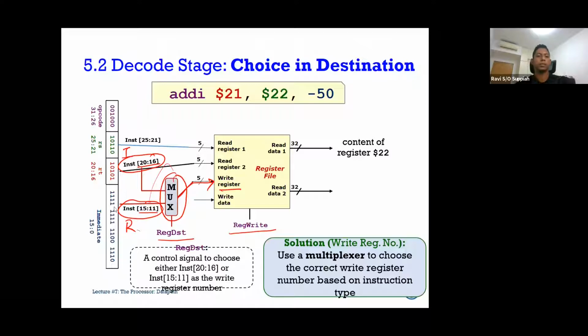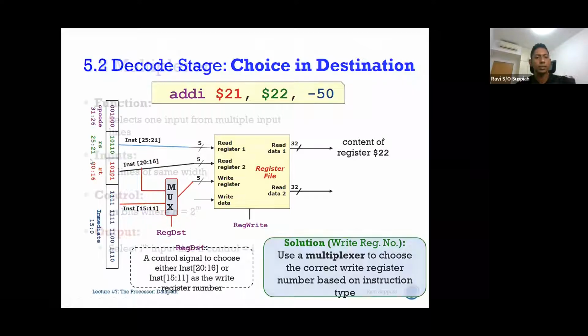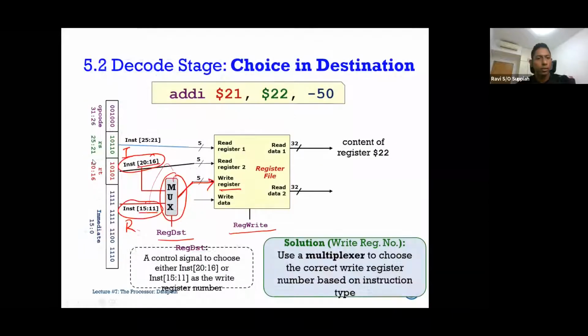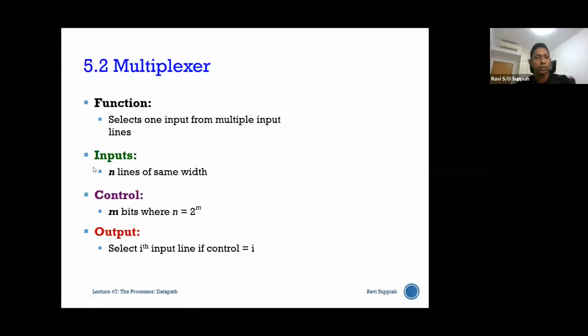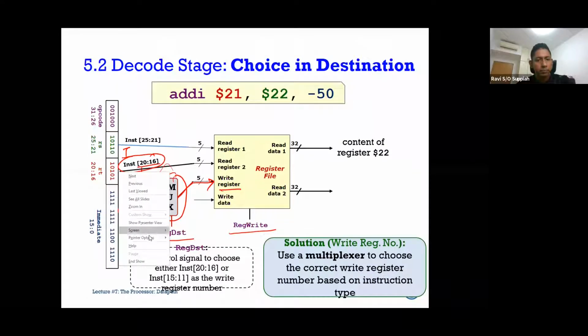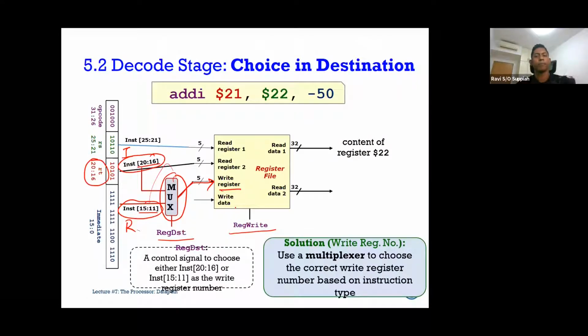The 5 bits that represent the register are over here. So if I take the 5 bits from the immediate value and put them in here, those 5 bits are not actually specifying the register. They are actually part of the immediate value.